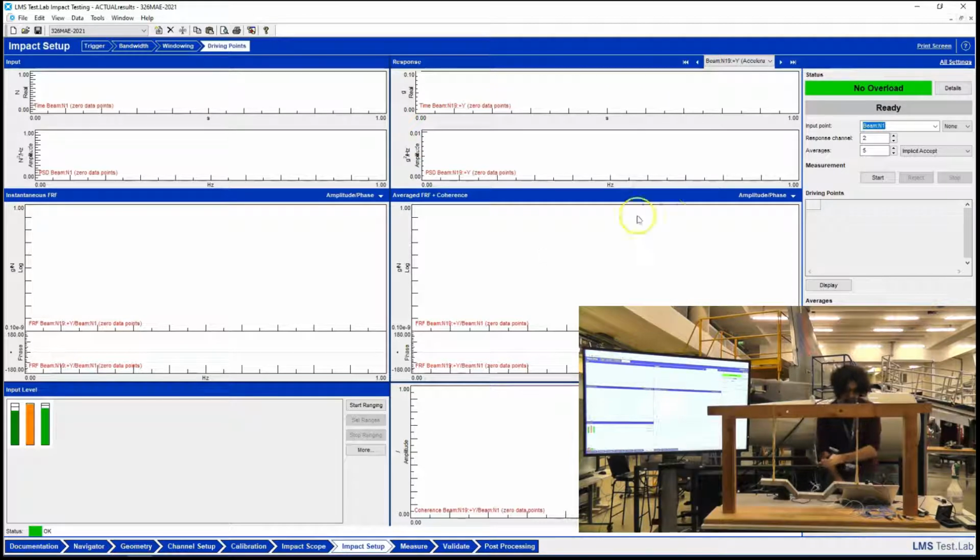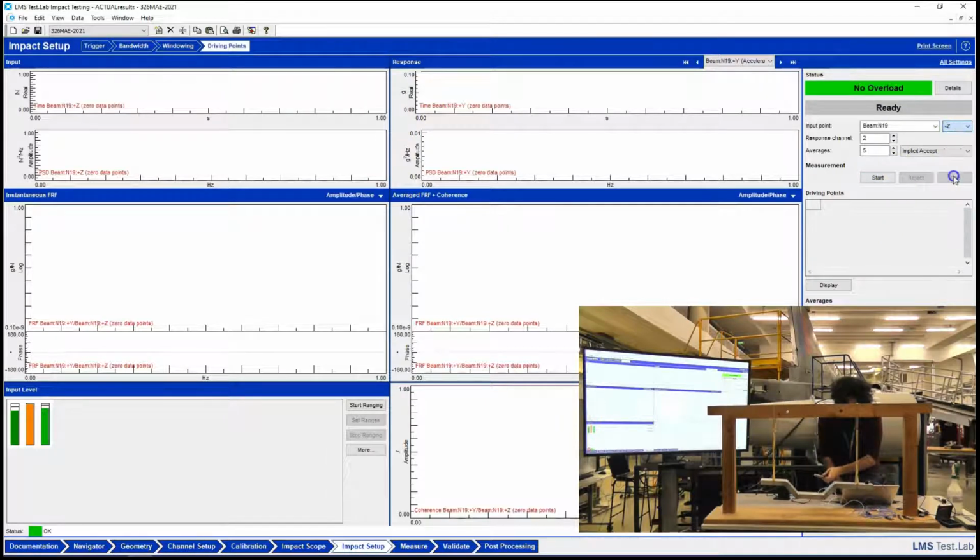So what we are doing here is to strike the driving point from the bottom. Let's see if I can do it from the bottom. No, probably not.